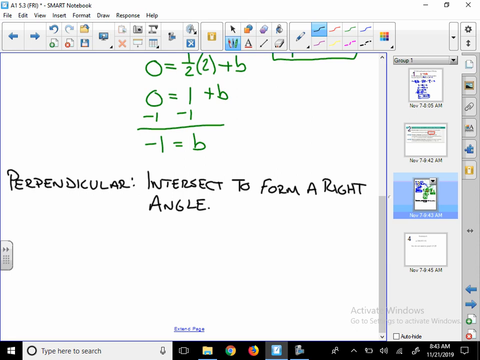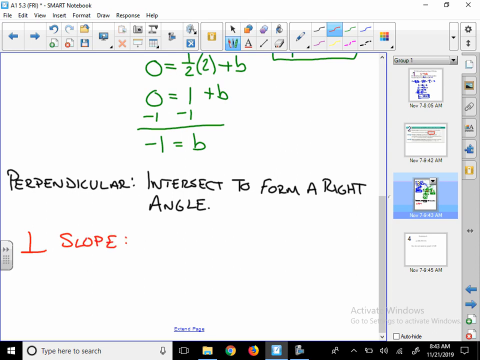Okay, so this is not really a definition that I'm going to test you guys on. Really what I want is to show you guys how to find perpendicular slopes. That's what makes lines perpendicular.